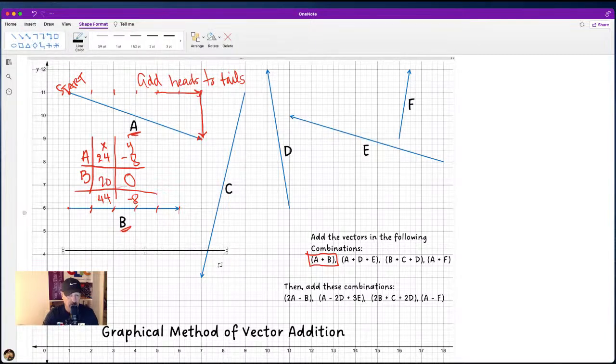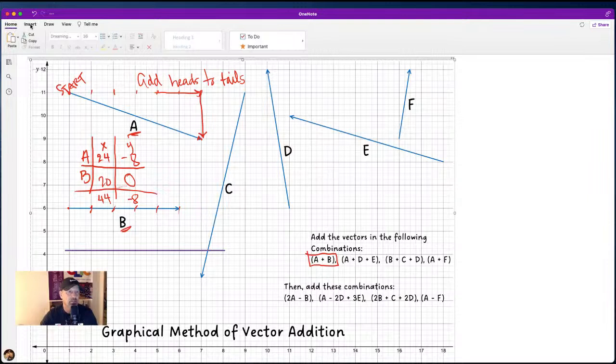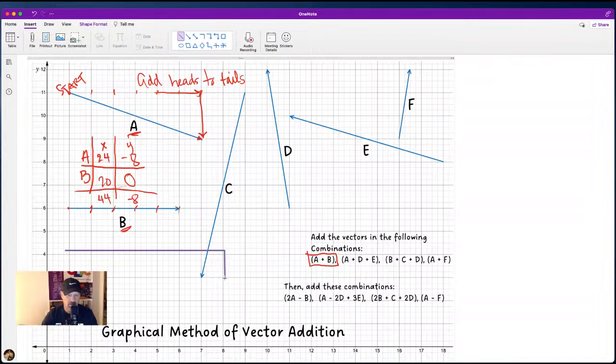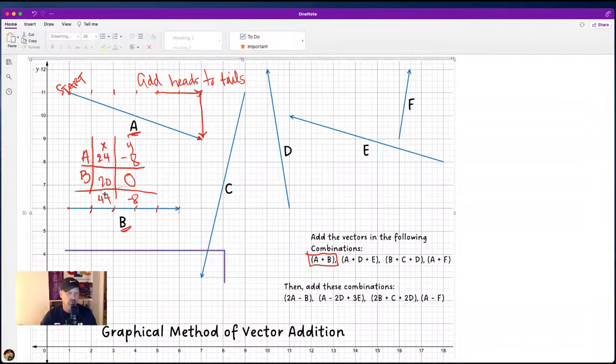And then the next one, we'll make it purple. Perfect. And then we insert another straight line here that is supposedly negative 8-ish. So there we go with that. And that would be the equivalent of 44, negative 8.